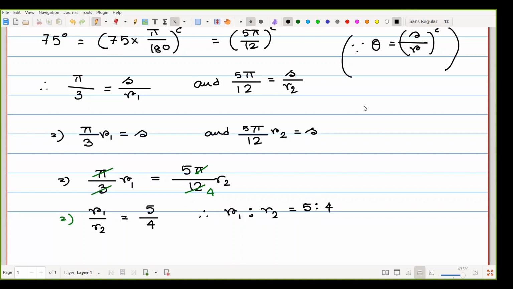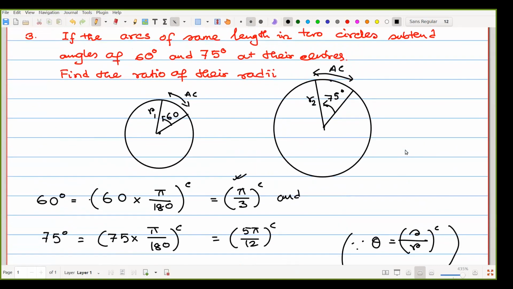Once again, I am describing it. We have two circles with different radius. The first one has the radius R1 and the second one has the radius R2. Now the same length of arc has been taken, and from the center it is keeping 60 degree and 75 degree.